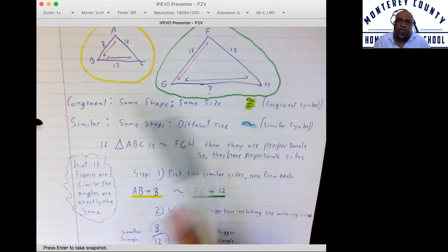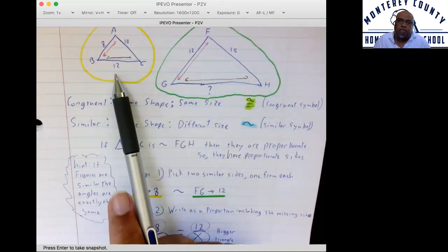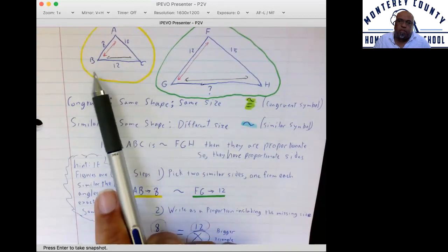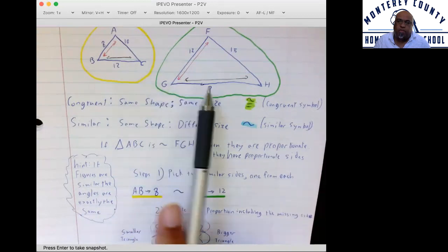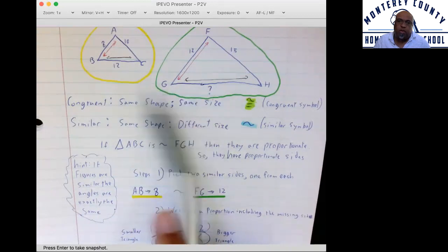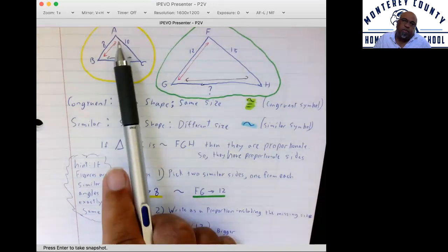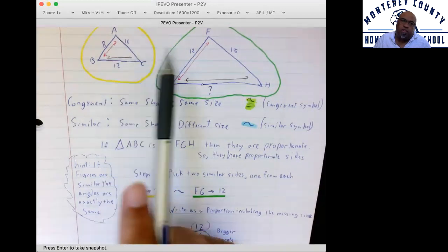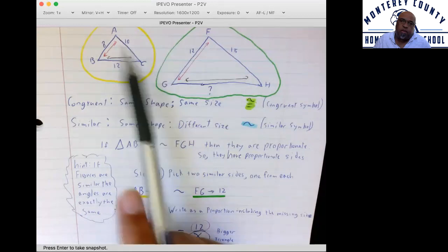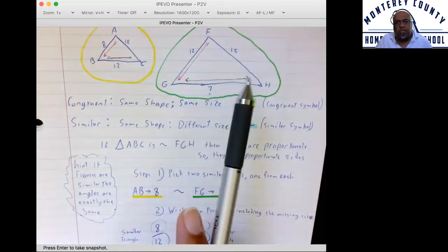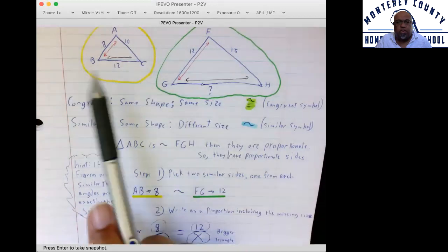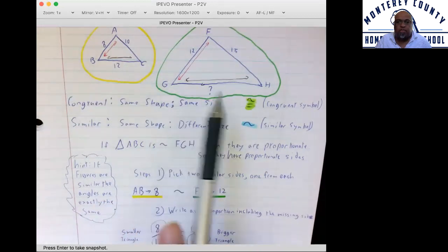Going back to this one, I have the value of the corresponding side. BC is 12. It corresponds to GH, which is unknown. Side AB is 8, side FG is 12. Side AC is 10, side FH is 15, and side BC is 12, but side GH is unknown.